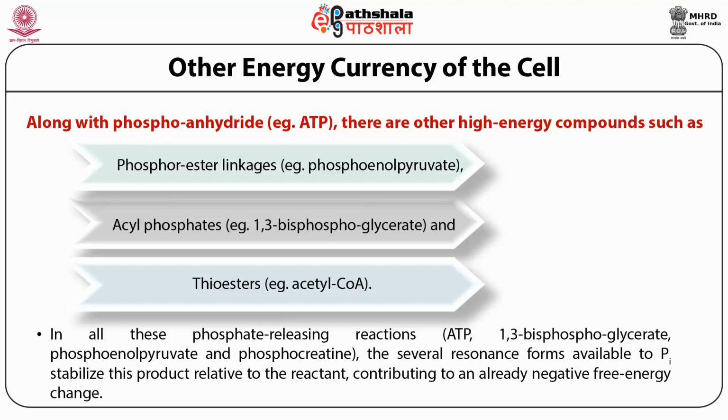So in a general way you can say that although in most cases it is a phosphate that is released, if the phosphate is not released, the product which is released is going to have more resonance stability that favors this large negative free energy change for this high energy compound.